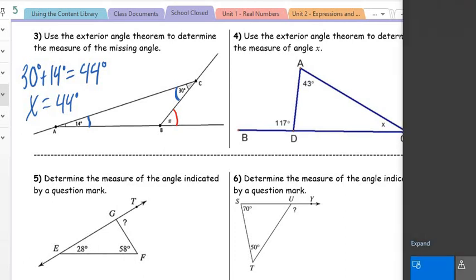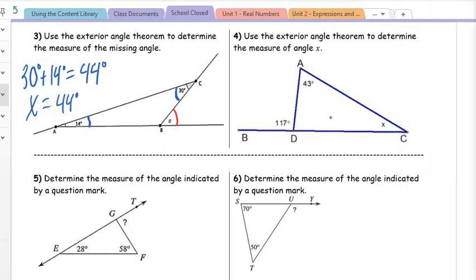For number 4, this one's a little bit different. Sorry for that thing popping out on the side. Now we are given the exterior angle, and we have one of the remote interior angles. We're trying to find the measure for angle x. Remember, we could add the remote interior angles to equal that exterior angle.